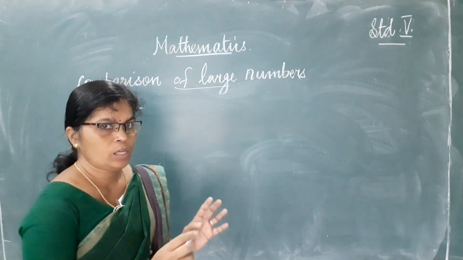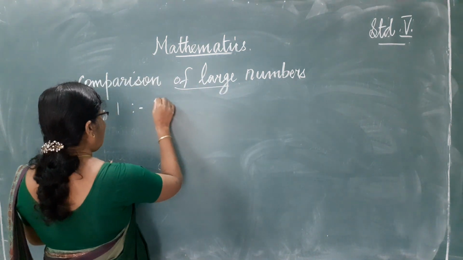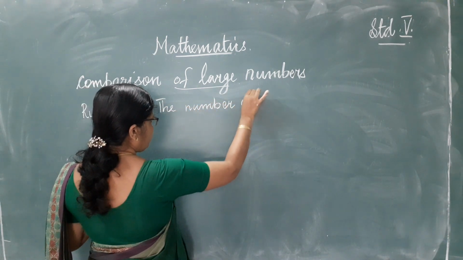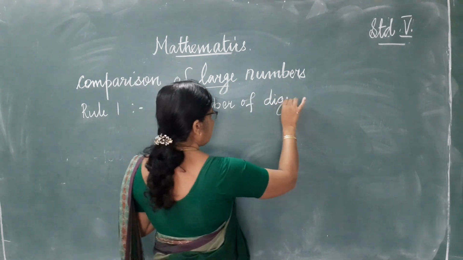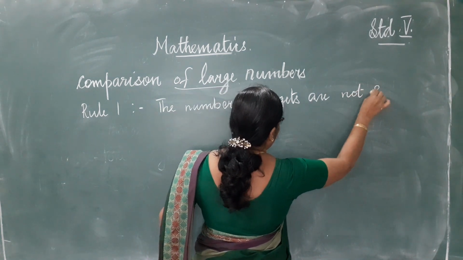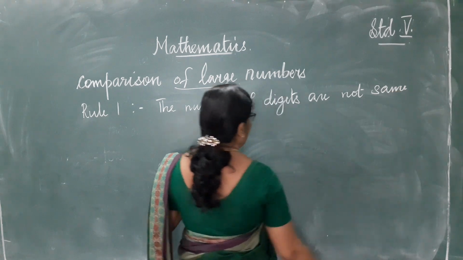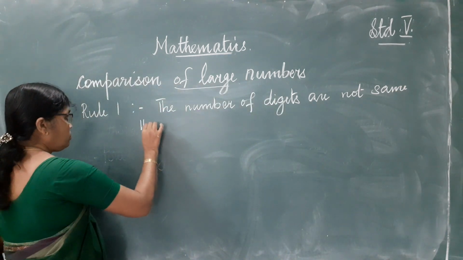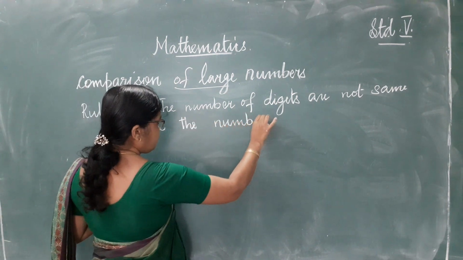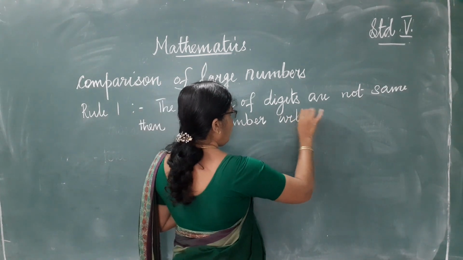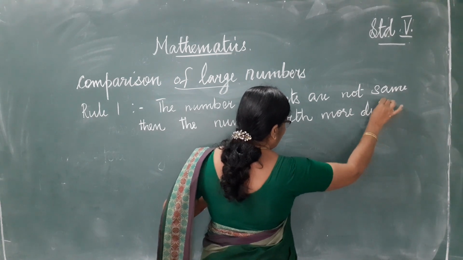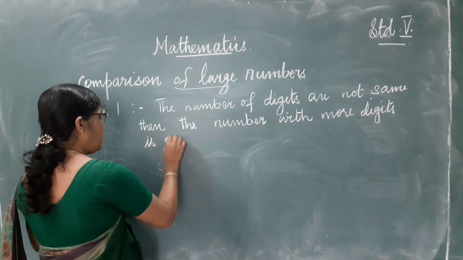If the number of digits is not the same, then the number with more digits is greater.